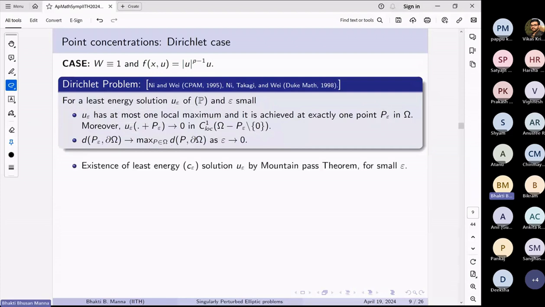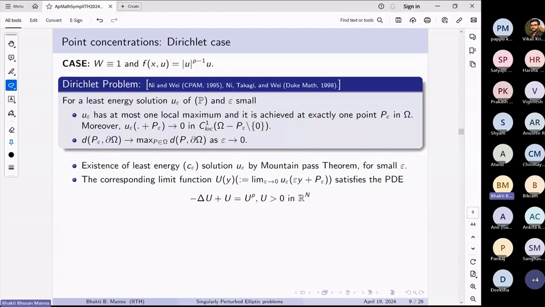The idea of this proof is first existence. They used the mountain pass theorem, got the least energy solution, and then this is the fundamental concept of most concentration phenomena: every solution which concentrates has a corresponding equation like this, and this will give us the concentration profile.